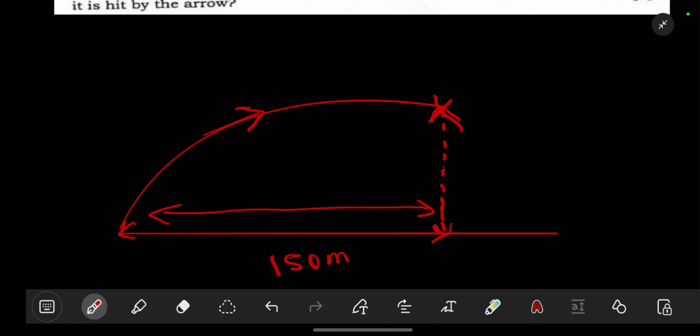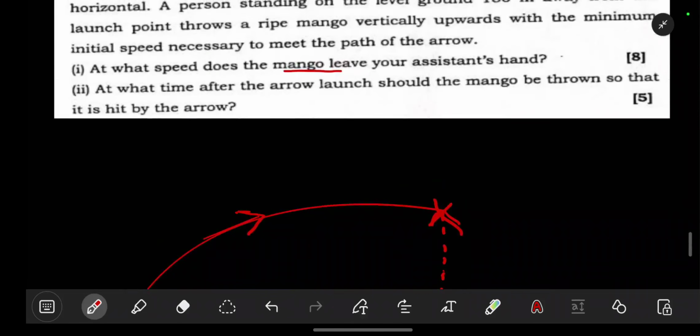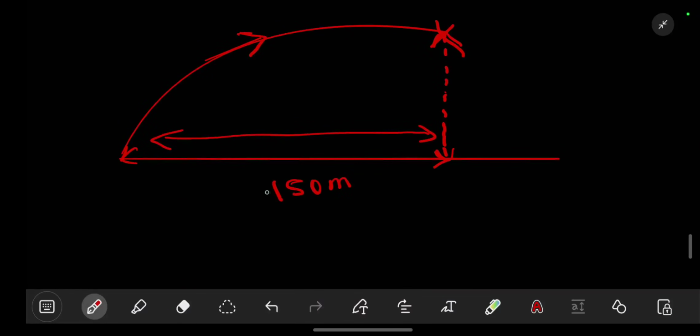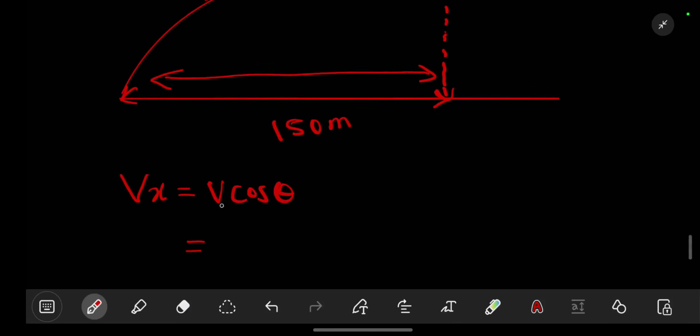Now remember, under projectile motion, if air resistance is ignored, the acceleration in the x direction is 0. So therefore we are going to use the equation for the range. Distance in the x is the range. So let's first find our velocity in the x and the velocity in the y. So Vx is equal to V cos theta. The velocity in the x is associated with cos.